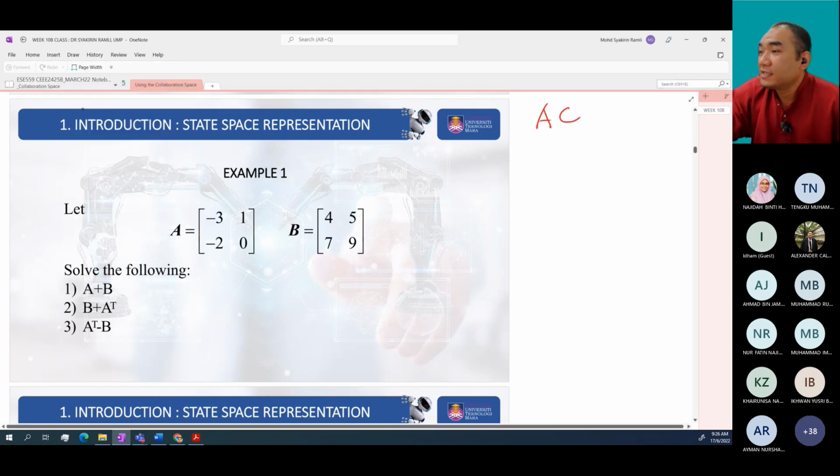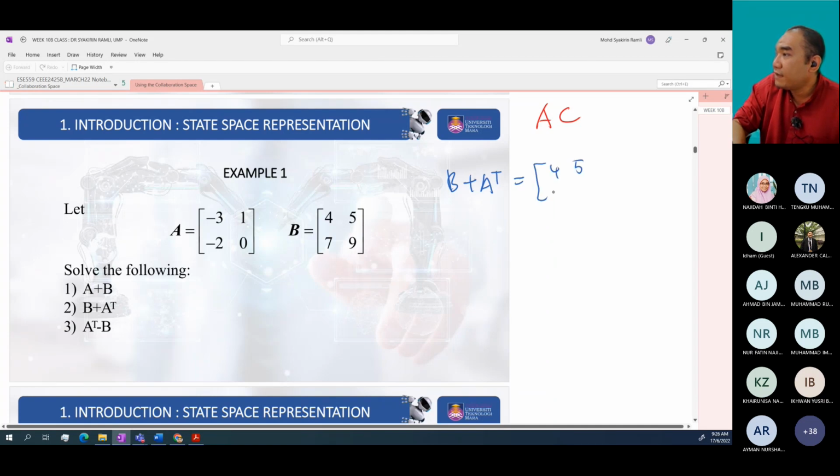So tengoklah satu kan. Okay, katakan we want to do the operation of B plus A transpose. We know that our matrix B is 4, 5, 7, 9. Plus with A transpose, we have our A is minus 3, 1, minus 2, and 0. We transpose the matrix of A, we will get this is going to be minus 3, 1, minus 2, and 0. Okay.